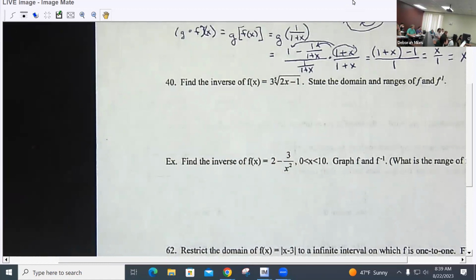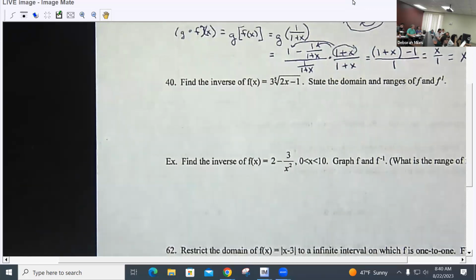I think our pre-calculus book now does it differently than our previous pre-calculus book. But you can either, well, change that to y. That's the same thing with y. You can either solve for x and then interchange the variables, or you can interchange the variables first and then solve for y. Doesn't matter which order you do those two things.